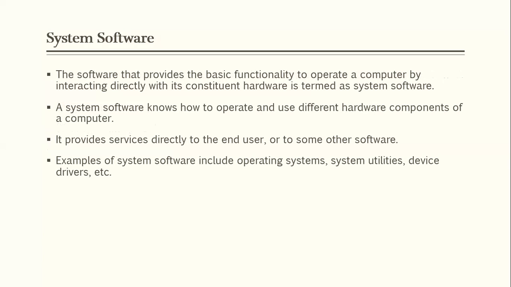It provides services directly to the end user or to some other software. Examples of system software include operating systems, system utilities, and device drivers. These are the softwares that help the computer to run. They help the hardware to operate and they help all the components of a computer to run.